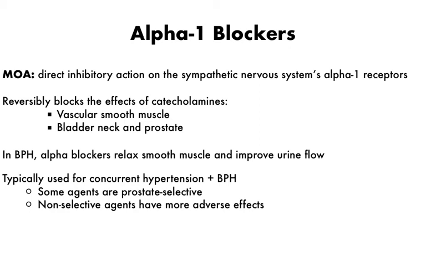So if you have a man who has BPH but not necessarily a blood pressure problem, you would select an alpha-1 blocker that is more prostate selective. We aren't going to cover that here. However, the non-selective agents do tend to have more adverse effects than the prostate-specific variety. The non-specific alpha-1 blockers do tend to cause a lot of drowsiness, lightheadedness, and dizziness.